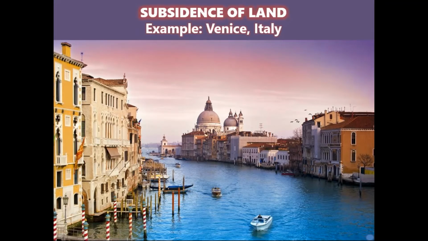Another mechanism that could cause flooding, in this case, instead of raising the level of the ocean, we're actually going to drop the elevation of land. So we're talking about the subsidence of land.